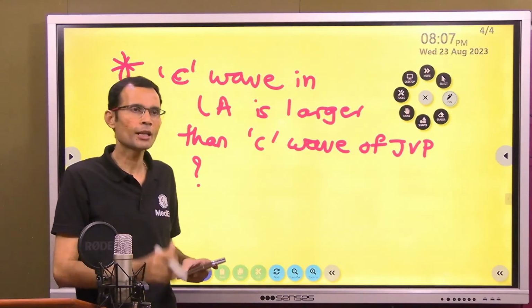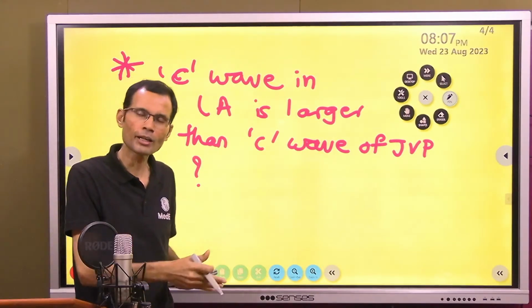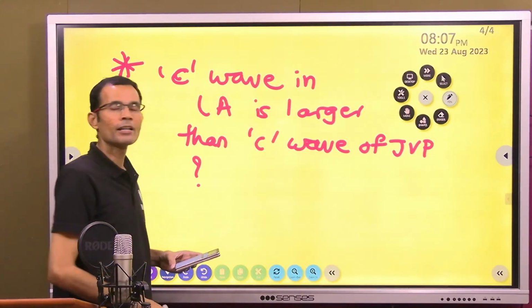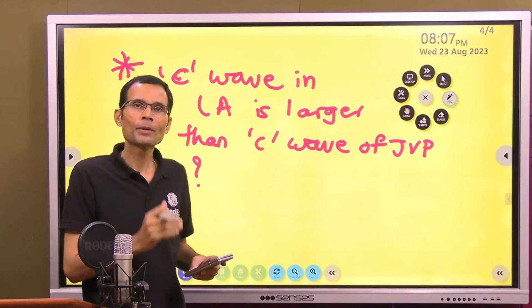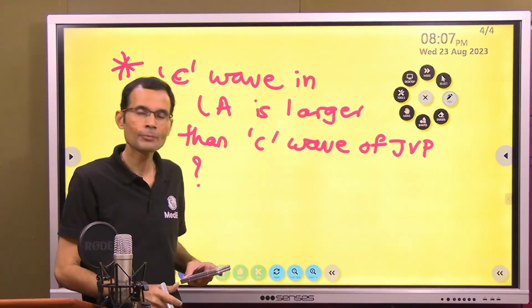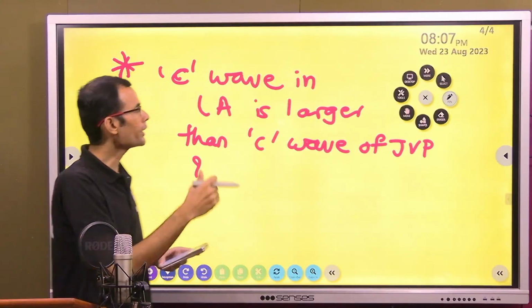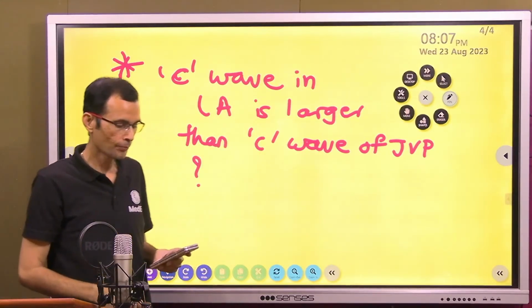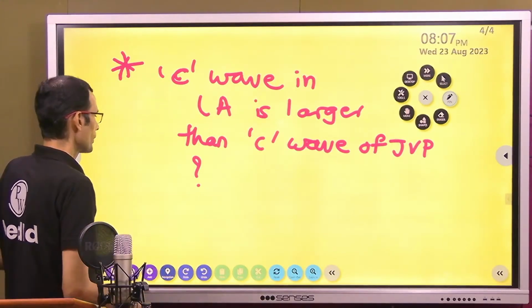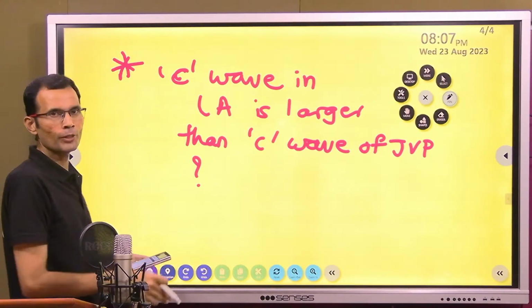Or D, because the left ventricle pumps into the aorta, which is a high pressure vessel. These were the four options, and the answer was because the left atrium receives the blood from the lungs. And why therefore does it create a larger C wave? We will talk about it in our discussion. So that was one more question.